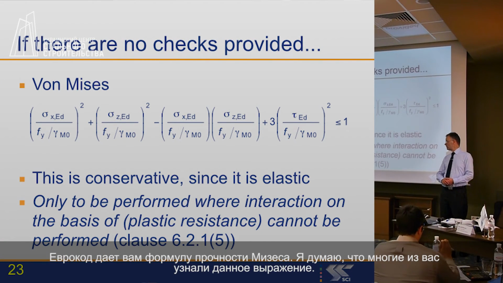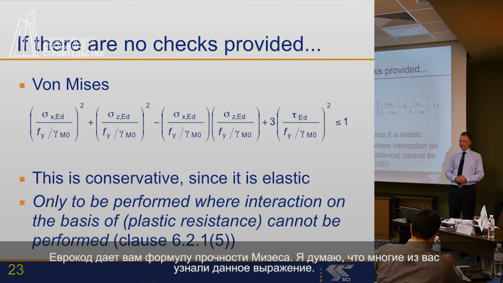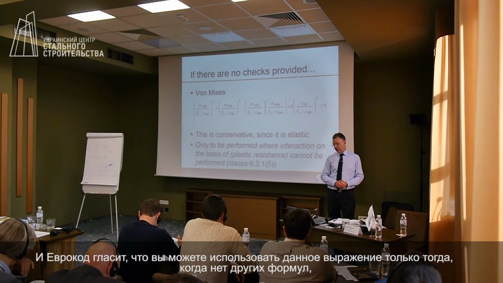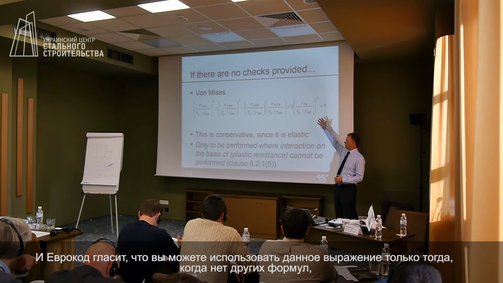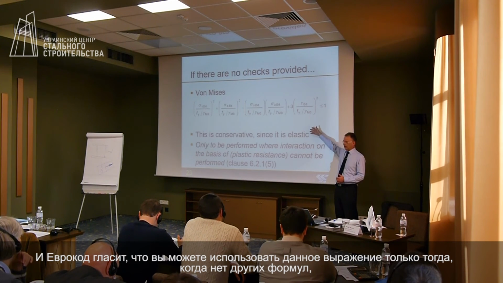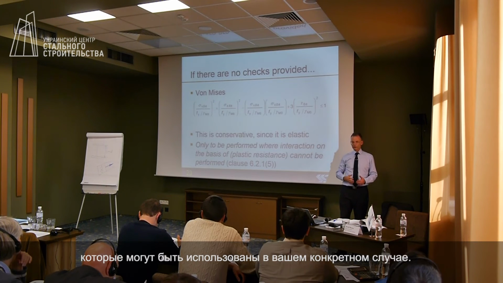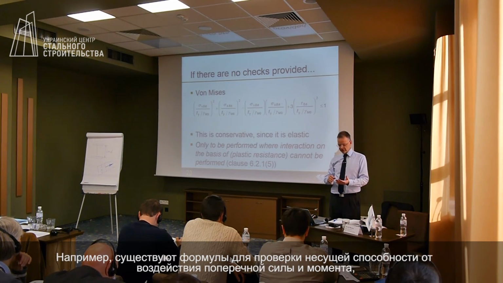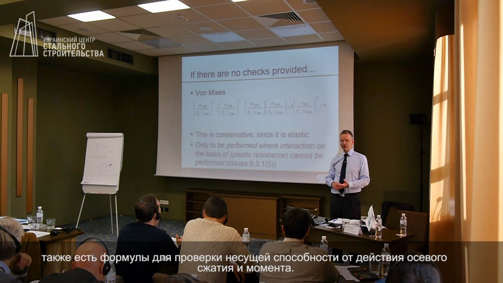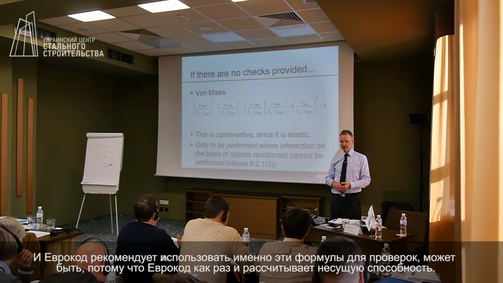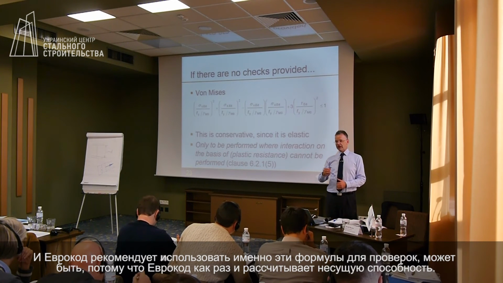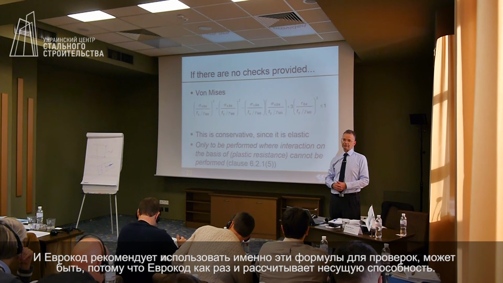The Eurocode gives you the von Mises interaction, so I think many people will recognize this interaction. And the Eurocode says you can use this expression if there are no clauses that cover your situation. So, for example, there are clauses that cover shear and moment, there are clauses that cover axial compression and moment. And it's recommended that you use those clauses, mainly because the Eurocode calculates the resistance for you.